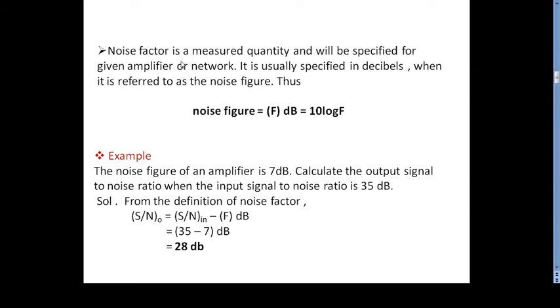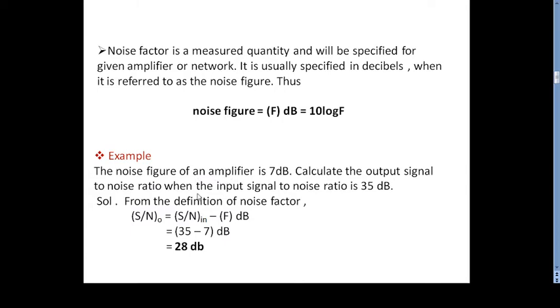Noise factor is a measured quantity and it is specified for a given amplifier or network. It is usually specified in decimal; when it is referred to as noise figure, it is measured in dB: 10 log to the base 10 of F. For example, the noise figure of an amplifier is 7 dB.